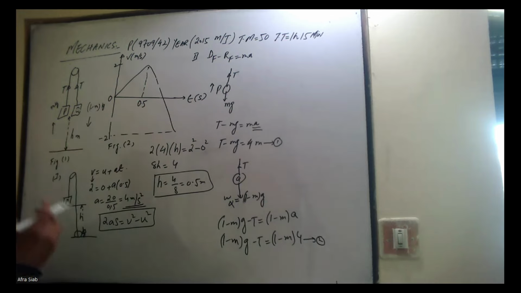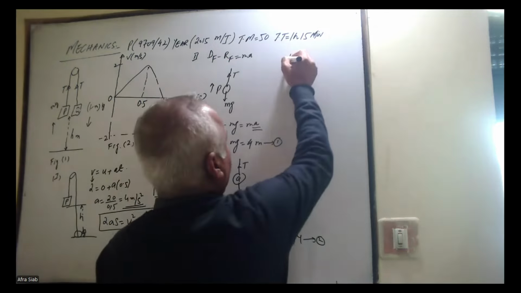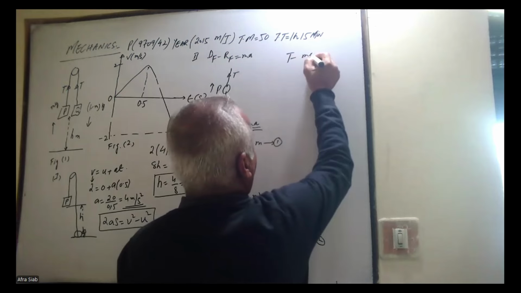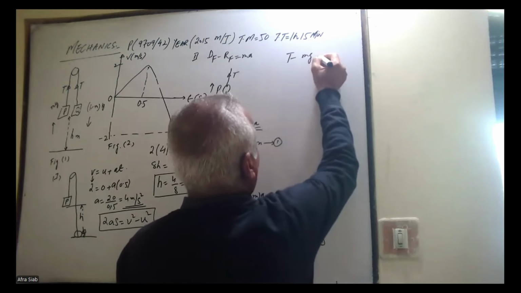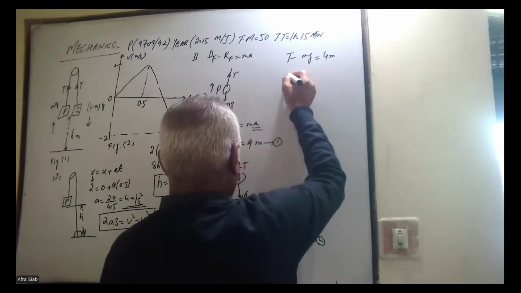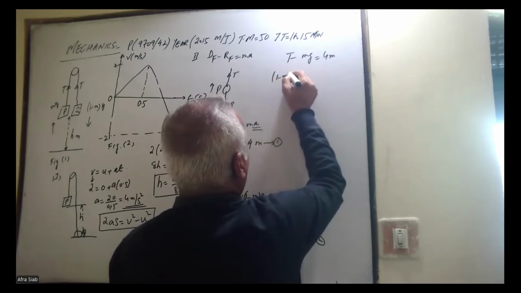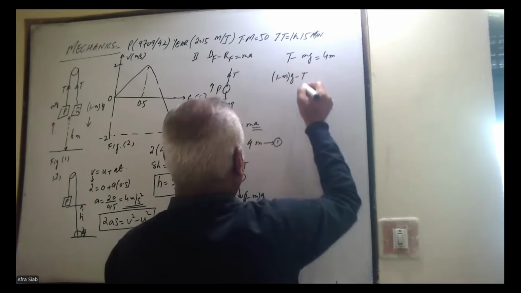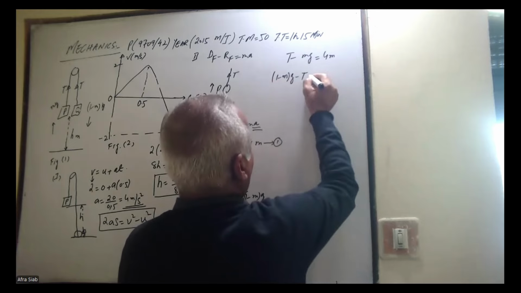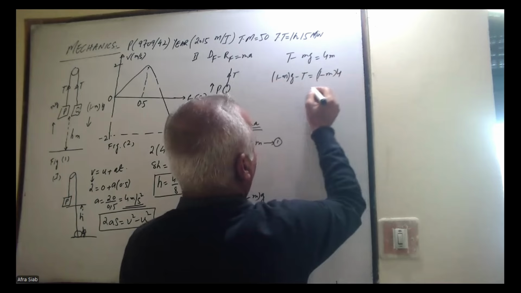Now we are going to calculate the values of T and M from these two equations. So T minus mg is equal to 4m, and (1 minus m) into g minus T is equal to (1 minus m) into 4.